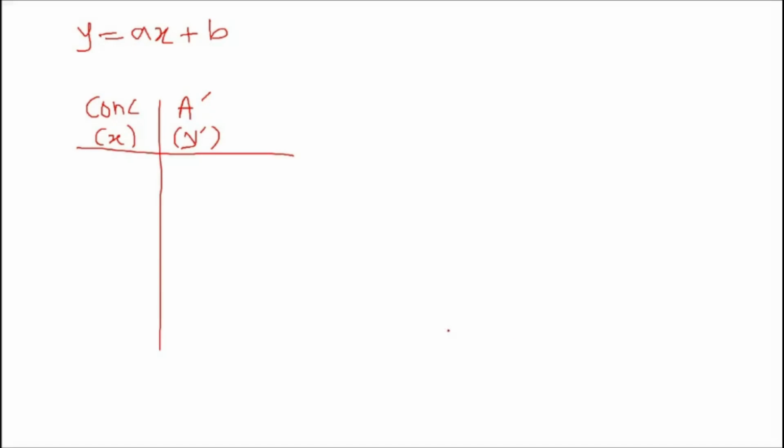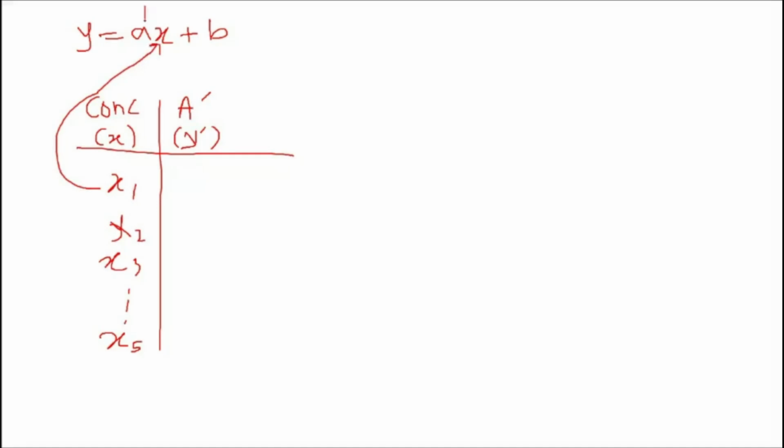So how will we calculate the corrected absorbance? Any idea? Any guess? I have values of x1, y1. How can I calculate corrected absorbances? Nikhat, very right. Linear equation. You have one equation with you. So you substitute values of x1 in the equation over here.